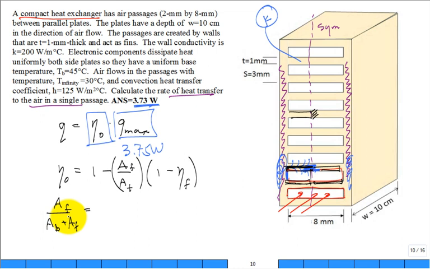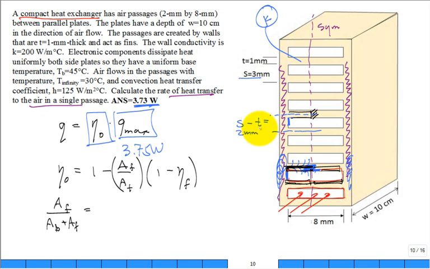So if we just come in here and focus on it, I know I'm kind of cluttering this up, but I'm going to try it right here. I'm just going to do a cut, something like that. So I have this distance right here is S, my fin spacing S, minus the thickness of one of the fins, which is, for this problem, the 2 millimeter.